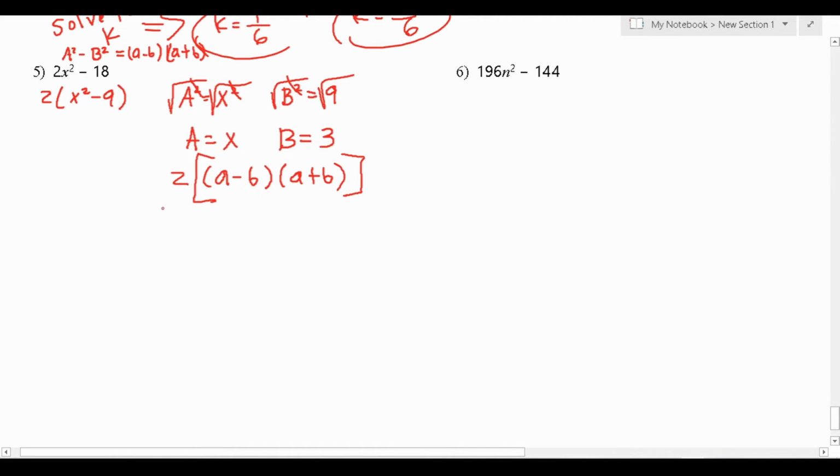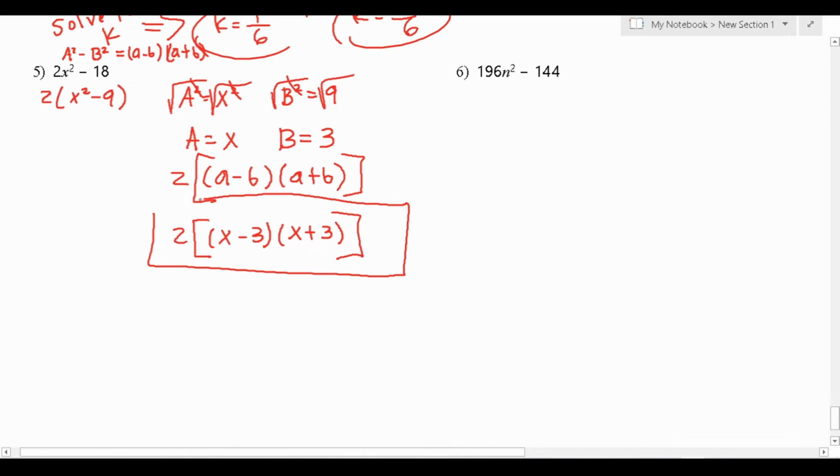We're just going to leave that 2 hanging outside those brackets. So let's go ahead and plug things in. Again, a is x, so this is going to be x minus 3. This one's going to be the opposite, x plus 3. And of course, we have 2 hanging outside the brackets. So that would be the solution in this case.